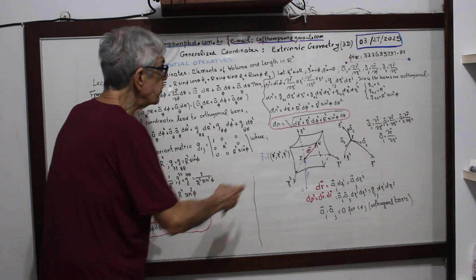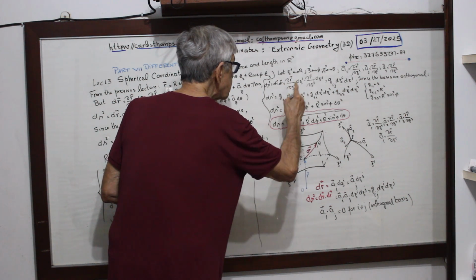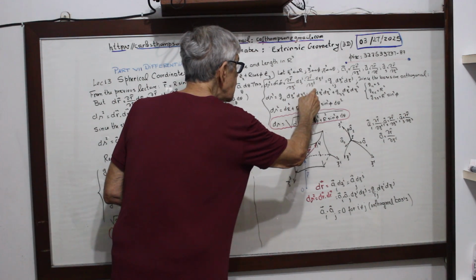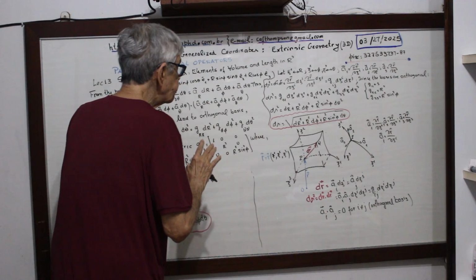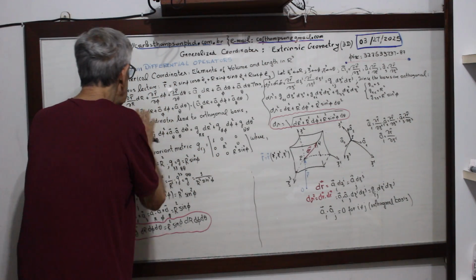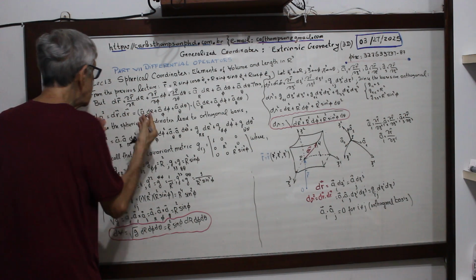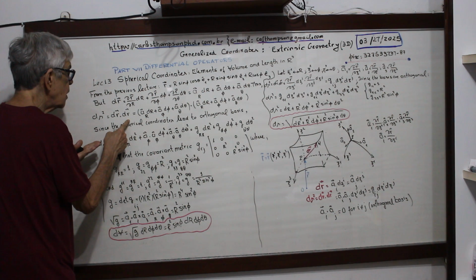So we define G_ij, you see? G_ij is just the dot product between A_i dot A_j. This is G_ij. So here we derived in the previous video, and we can obtain dr dot dr.